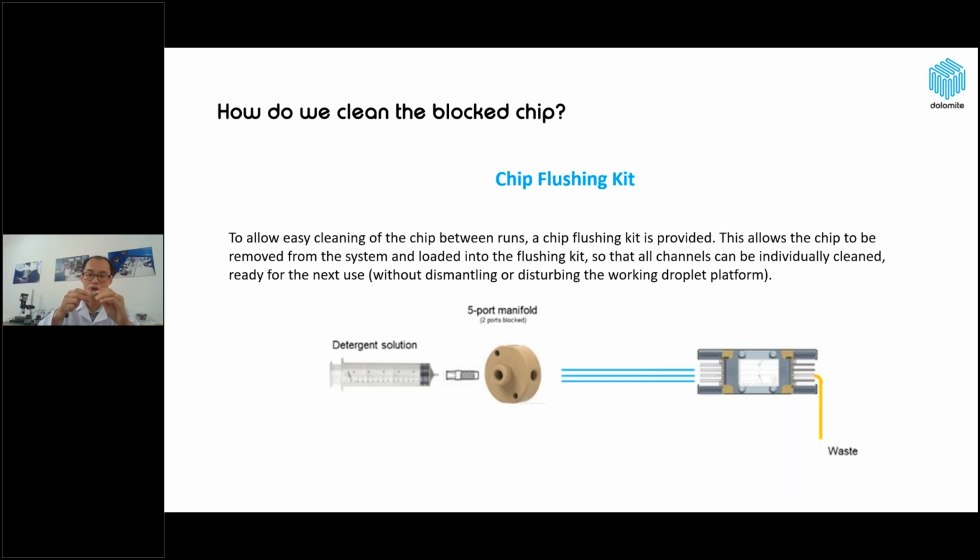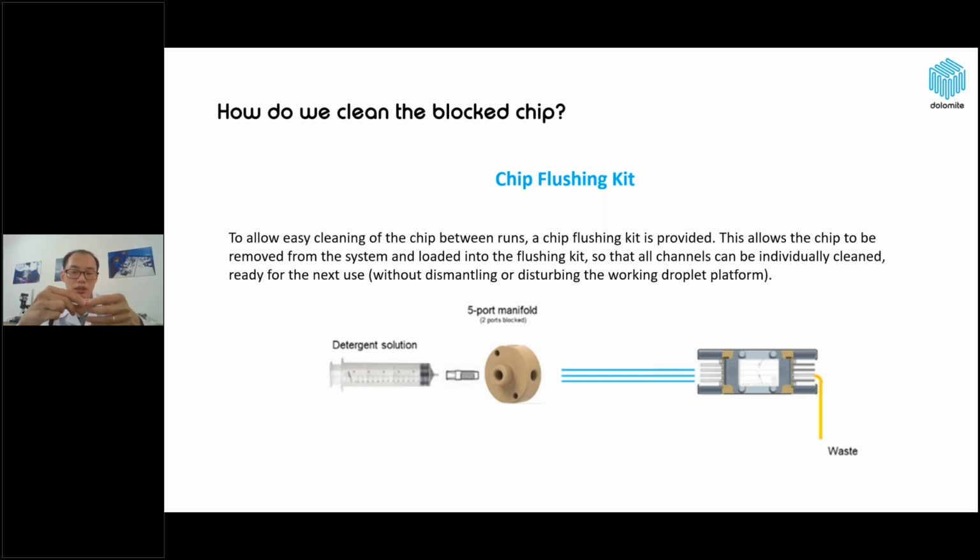Here, this one is the edge interface that we supply as our standard product, and this one is the microfluidic chip, the two-reagent droplet chip, with a chip junction size of 50 micron or 100 microns. In this case, the chip can be connected with the tubing through the edge interface and the linear connector, two linear connectors here and here.